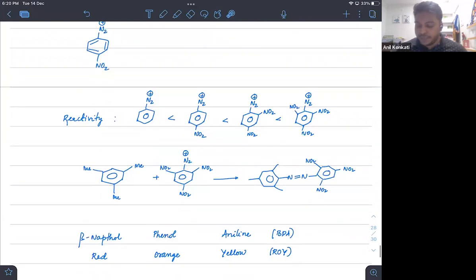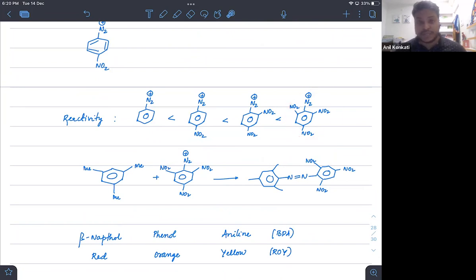Okay. And we can make this diazonium salt, PhN2 plus, a very strong electrophile by putting a lot of nitro groups. So if the reactivity is to be checked, with a simple diazonium group, or with para-nitro, with ortho-para-nitro, and two orthos and para-nitros, then this will be highly reactive.